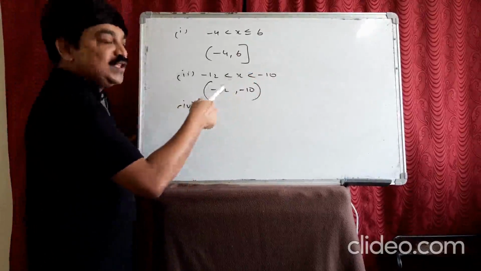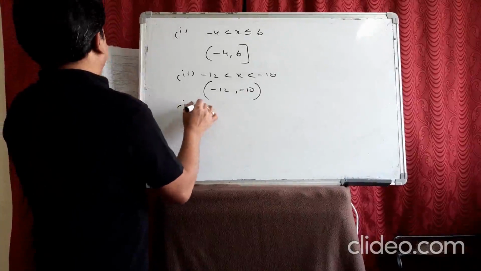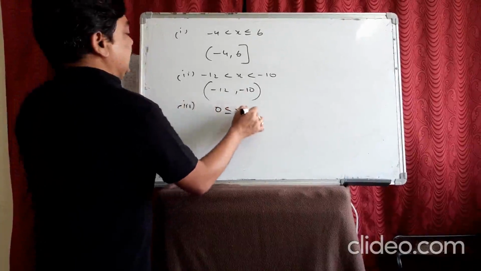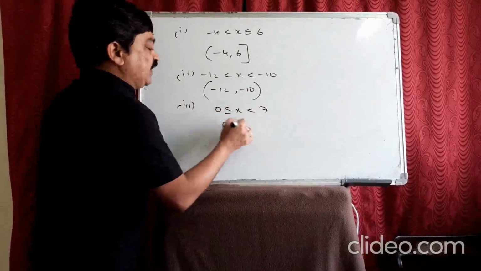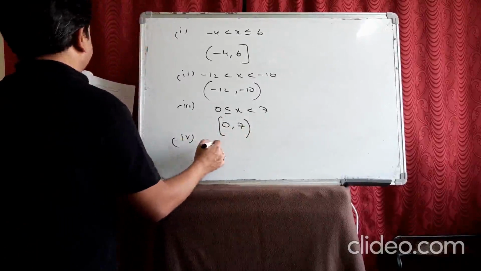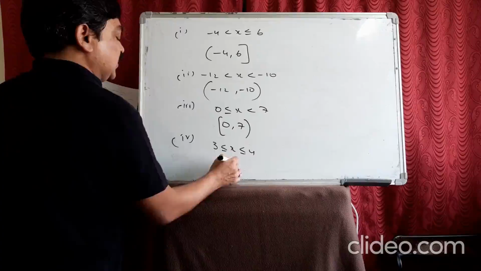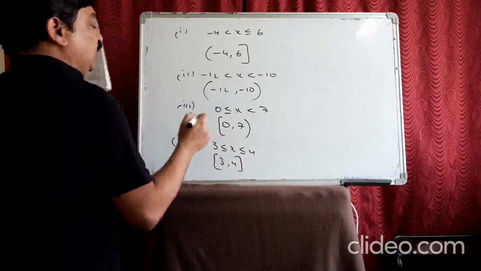The equal to symbol is not there. Third one, 0 less than or equal to x less than 7. 0 to 7, 0 closed, 7 open. Fourth one, 3 less than or equal to x less than or equal to 4. Both are closed. Both are included.